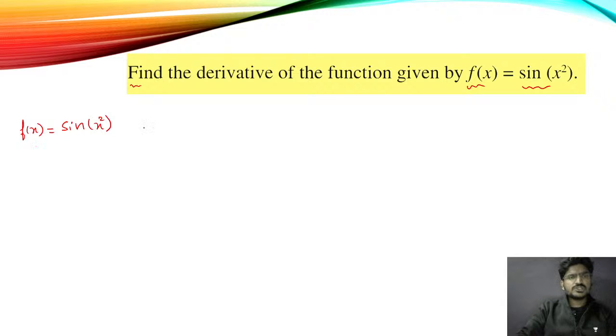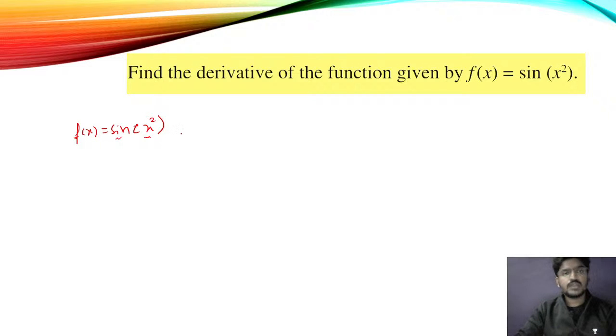If you want to differentiate, as I said, here f is sine, in the place of x again you have a function that is x square, so I can write it as g of x. Clearly f of x equal to sine x square is a composition of sine and x square.